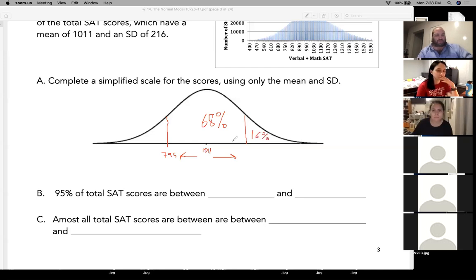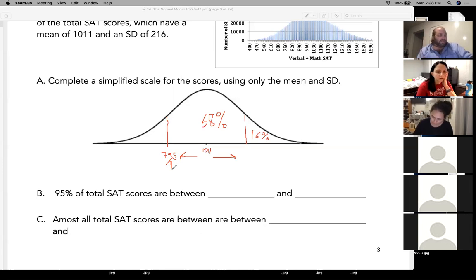Which means a 795 would be what percentile? Think. Don't just look at numbers on the page and say, "Oh, it must be that." Think about what the definition is.